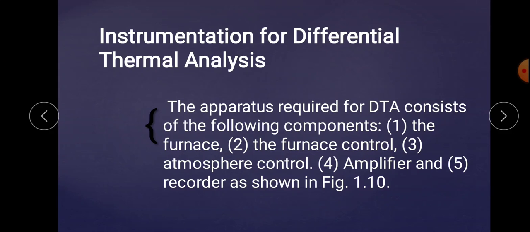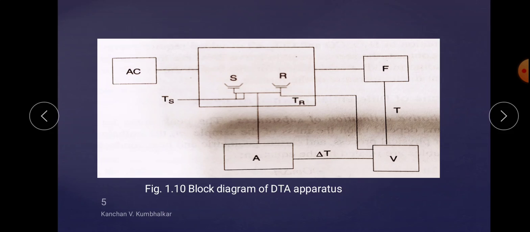So let's check it out. Now this is the block diagram of the DTA apparatus, that is the differential thermal analysis apparatus. Now what does the instrument consist of? In this, F indicates the furnace.